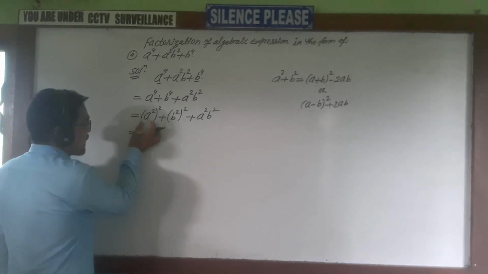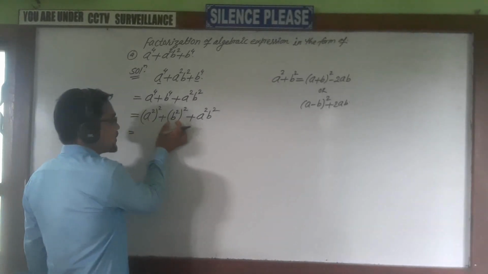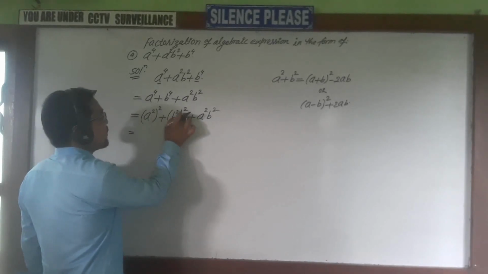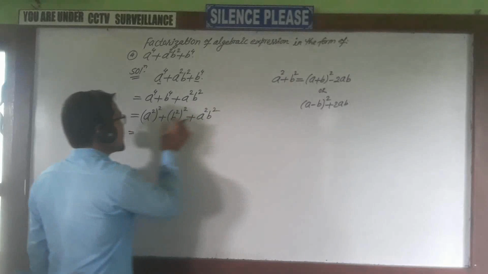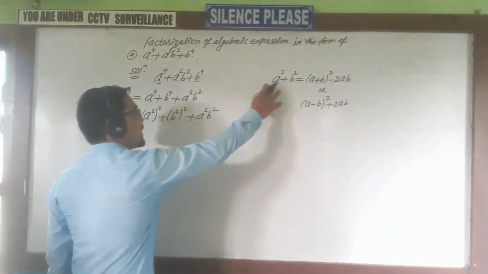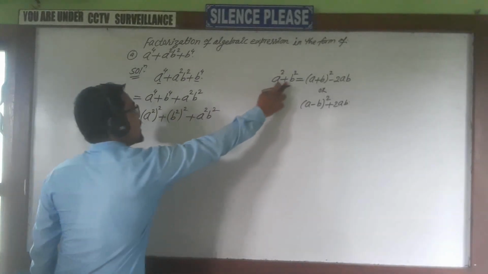Now we have to consider this as a and this as b, and apply the a square plus b square formula. Here a represents a square and b represents b square.